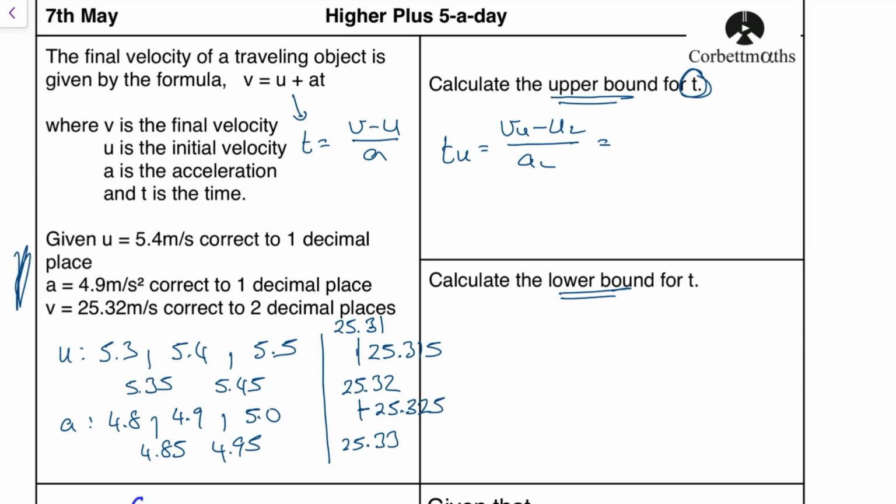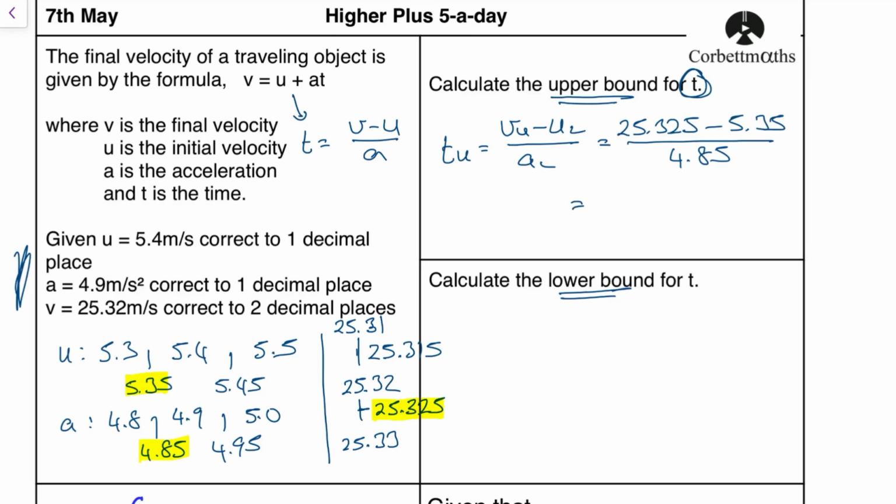So in other words, let's write this out anyway. So my V upper, I'm going to highlight it over here, is this one here. My U lower is this one, and my A lower is this one. So that's going to give me, let's write that out. So 25.325, this is not a nice question, minus 5.35, and divide all that by 4.85.